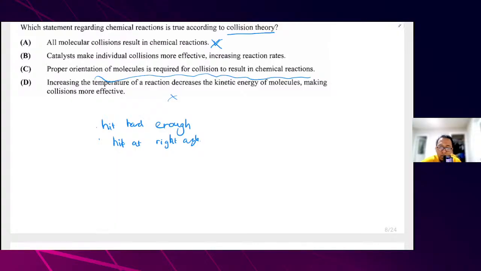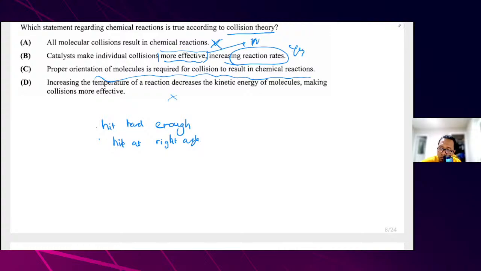Choice B is incorrect. Catalysts make individual collisions more effective, increasing reaction rate. Yes, more effective, yes. Increasing reaction rate, yes. But does it make the collision more effective?